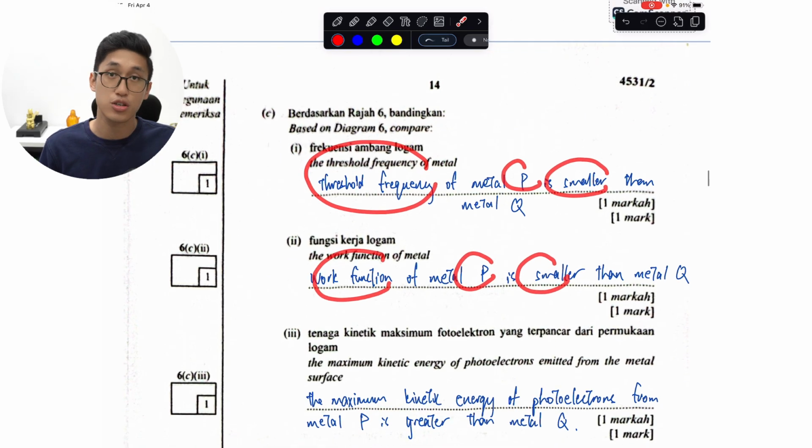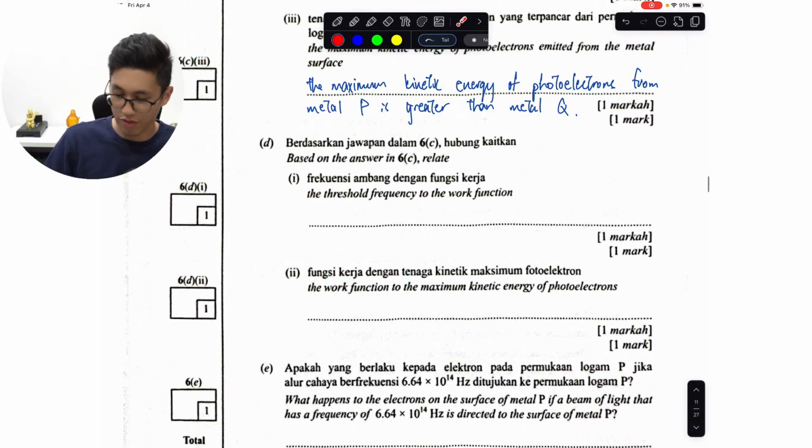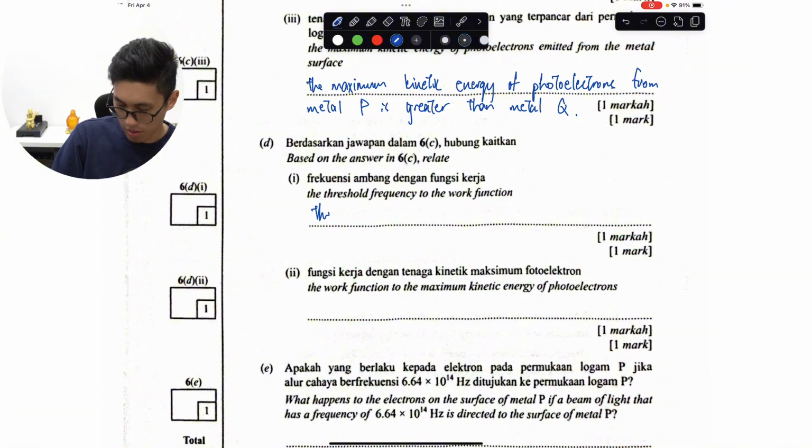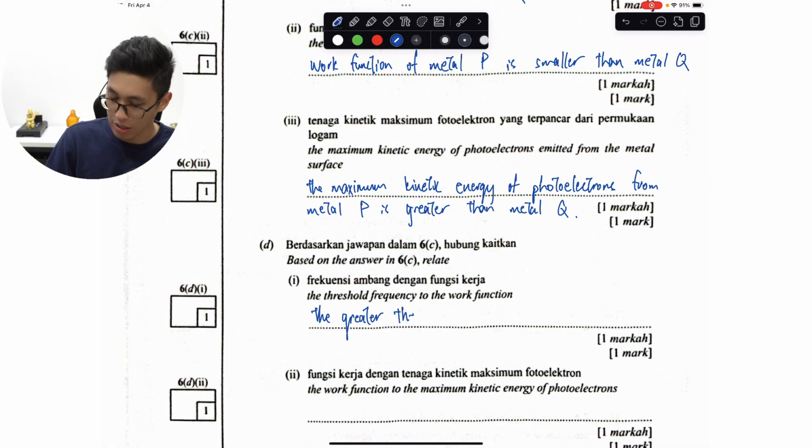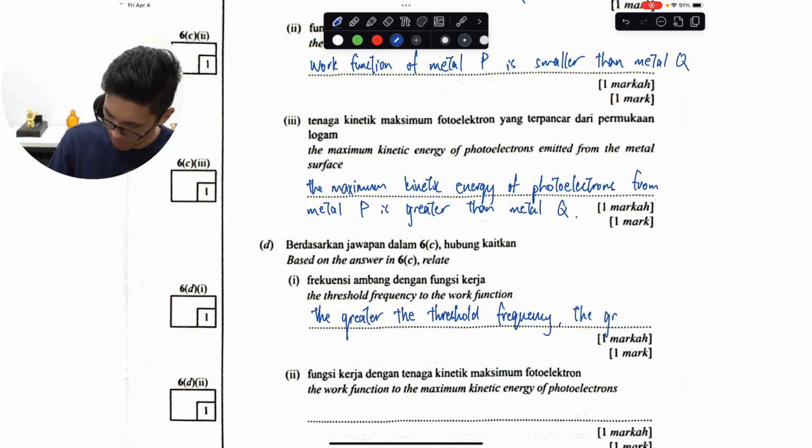The greater the threshold frequency, the greater the work function. Of course, it is also okay to say as the threshold frequency increases, the work function increases.